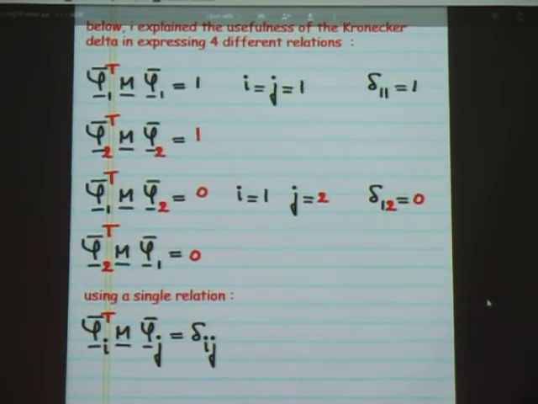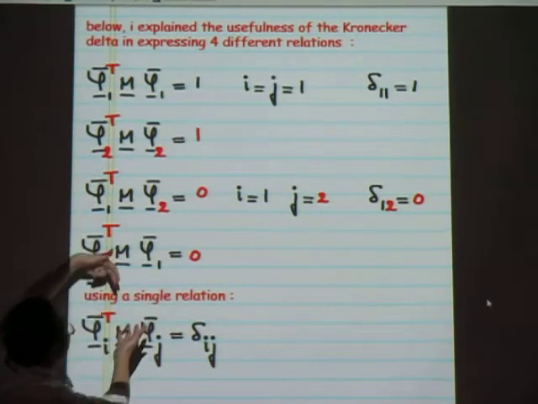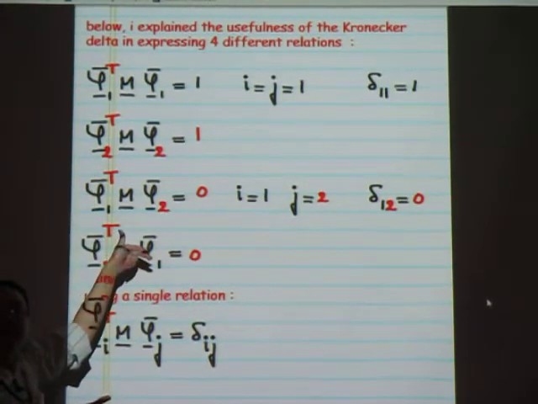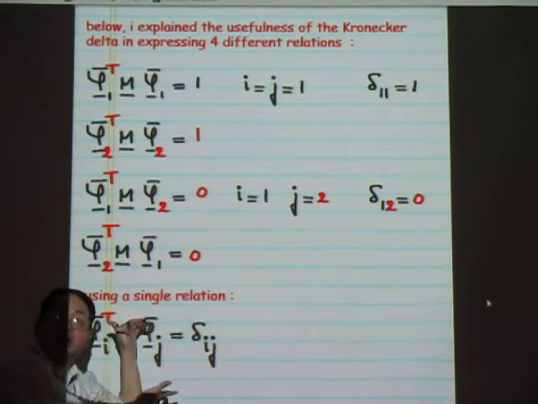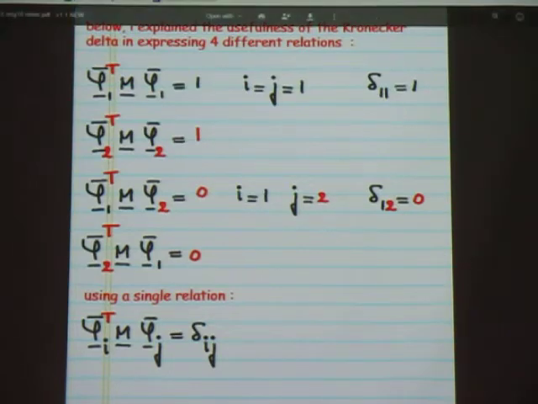And so this was what I just reviewed, right? The use of the Kronecker delta to compactly represent 4 different relations into a single compact relation. Very beautiful, very elegant. And if you go to graduate school, this is very important. Okay.